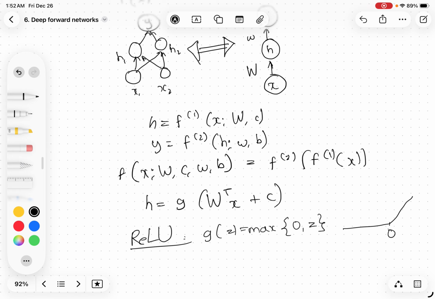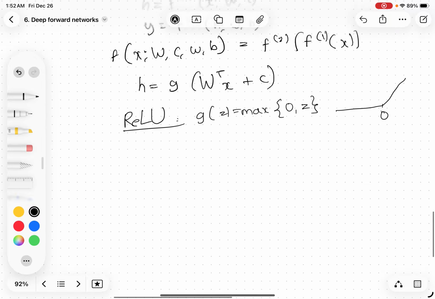So we can now finally complete our neural network like this. x is the input, this is the first layer and this is its bias, this is the second layer and then its bias, and this is the transformation of the second layer.